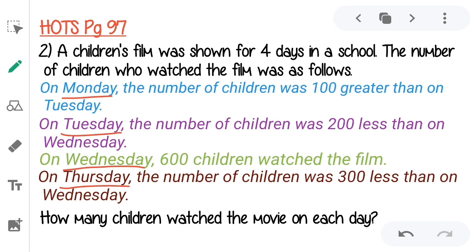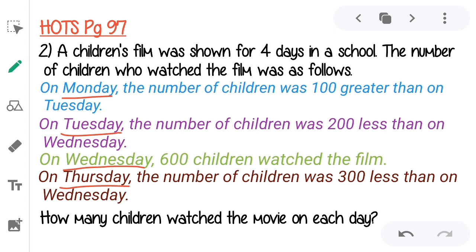On Tuesday, the number of children was 200 less than on Wednesday. That means to find out the number of students who watched the film on Tuesday, it will be the number of people who watched on Wednesday minus 200 because 200 less children watched on Tuesday.